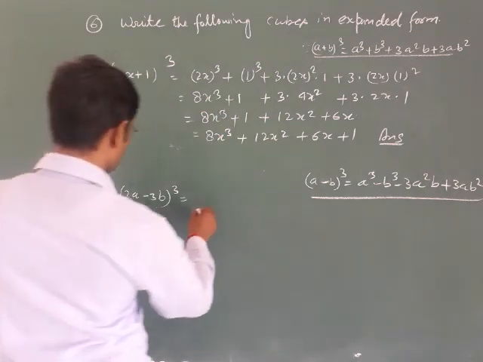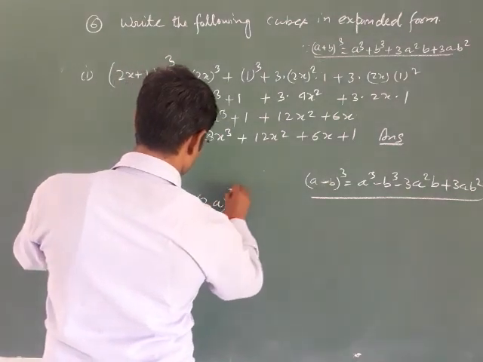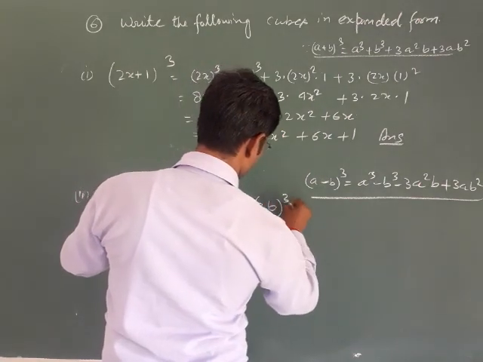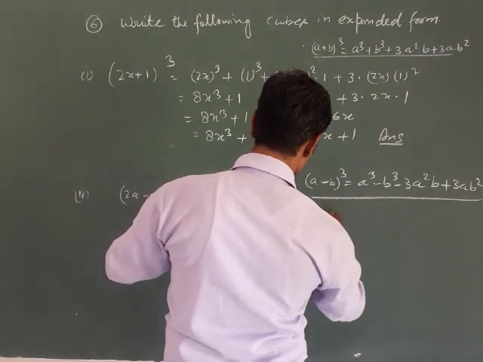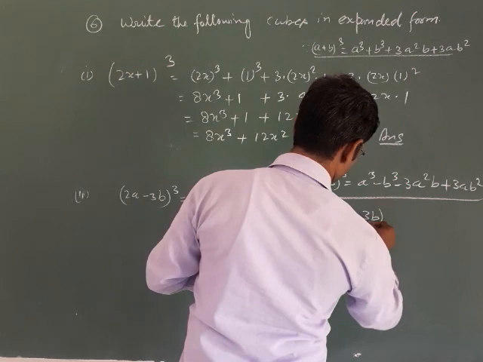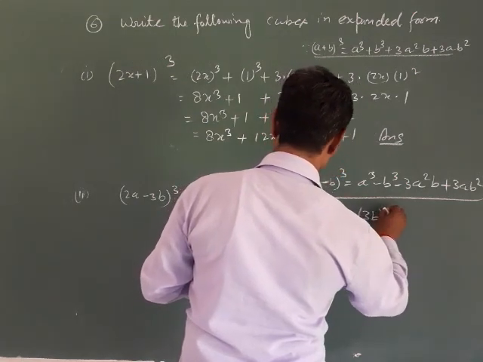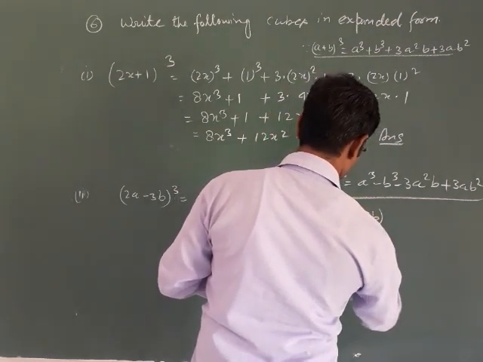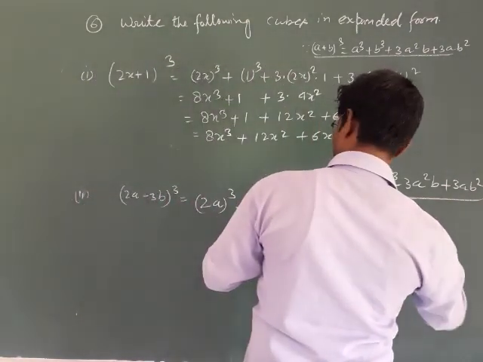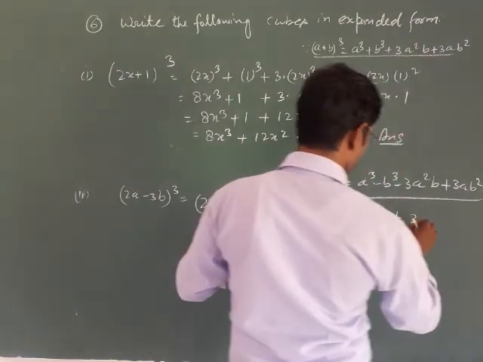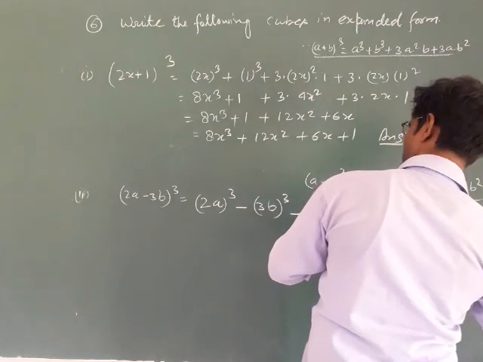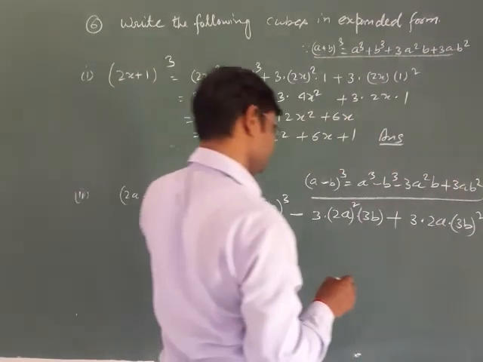So now we get (2a) cube minus (3b) cube minus 3 times (2a) square into 3b plus 3 times 2a into (3b) whole square.